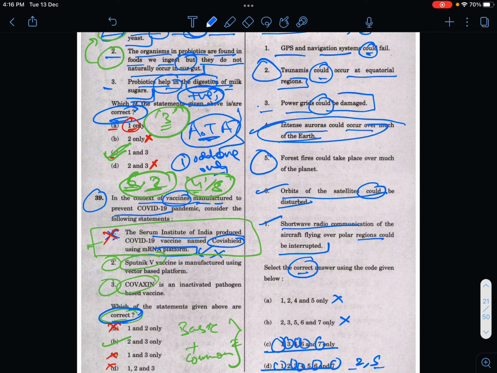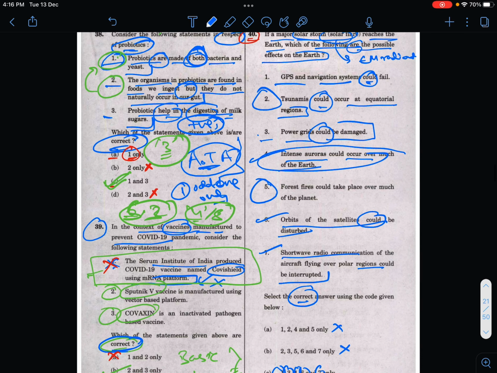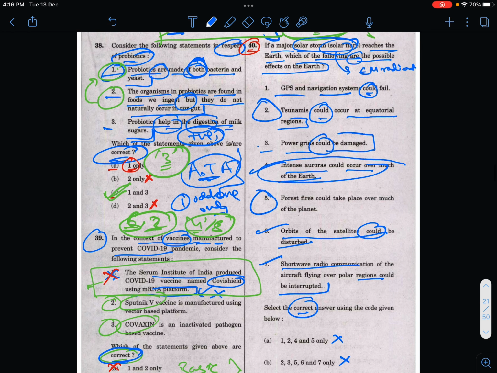Now, there are 2 ways to look at it. The first is to know that the examiner is trying to confuse you between the keyword flare, and the examiner is trying to relate flare with fire. So that flare is not actual fire coming onto the surface of the Earth, but it is an EM radiation.